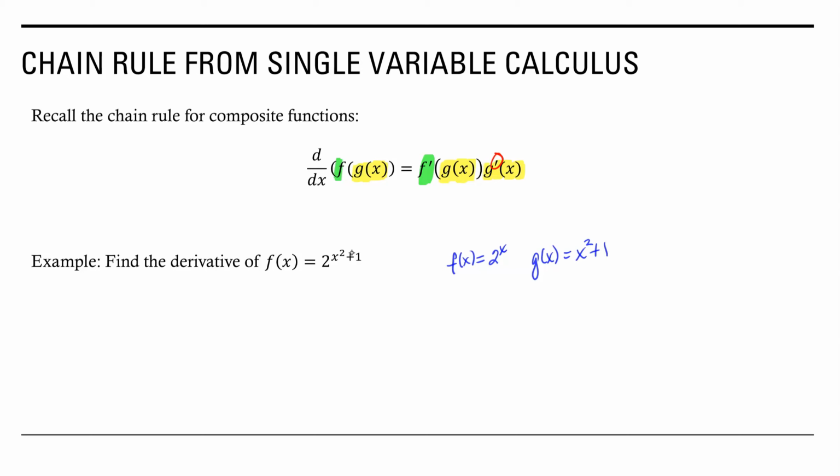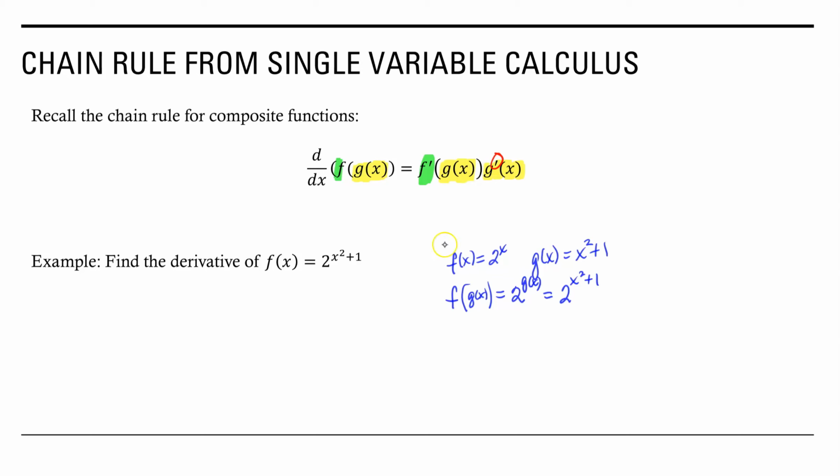So we can check, and what we'll notice is that if I do f of g of x, that's going to be 2 raised to a power, and that power is going to be this g of x function. Now that g of x function is x squared plus 1.